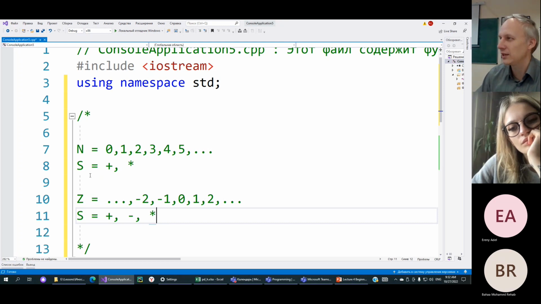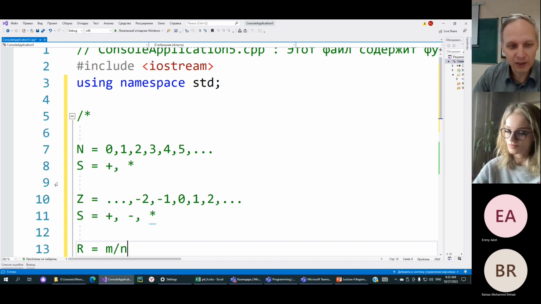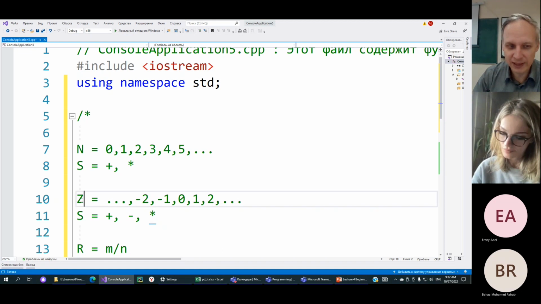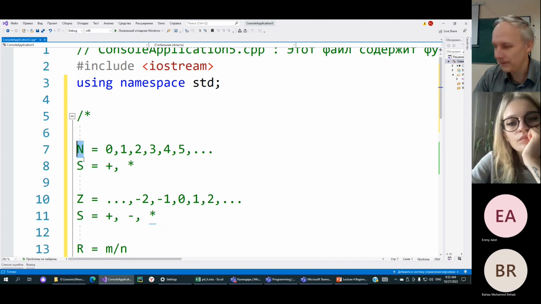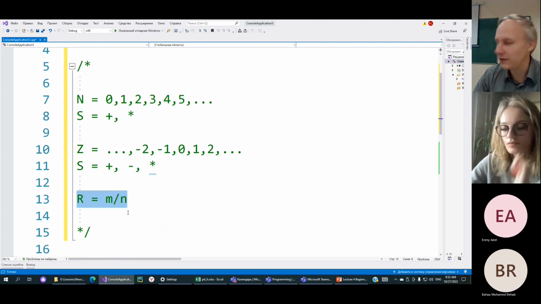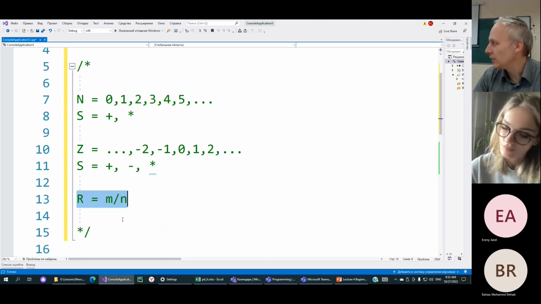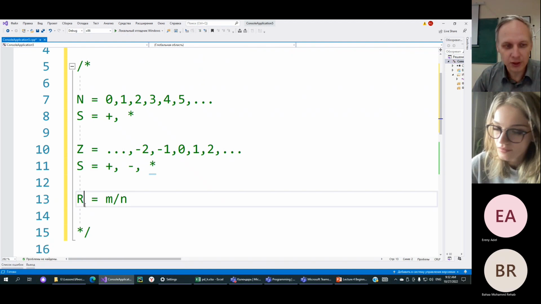Rational numbers can be represented as a fraction m over n, where m is from Z and n is from N. In this case, when we consider this class of numbers, we can apply division.